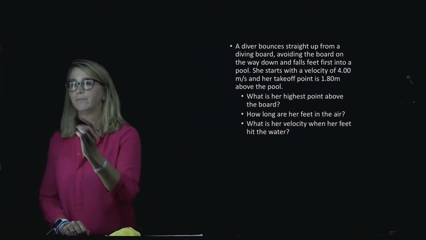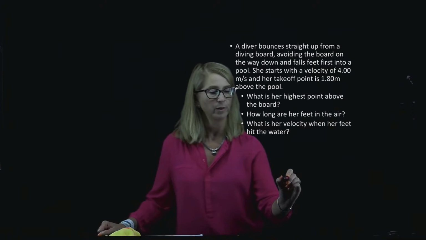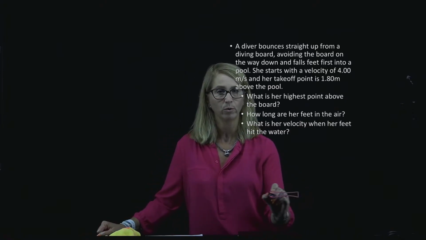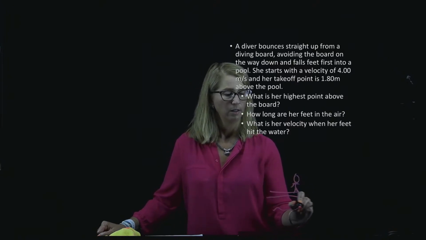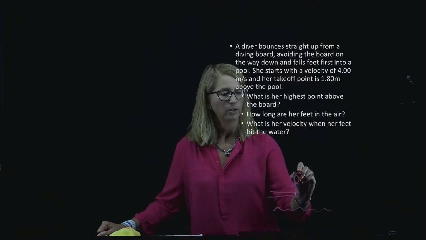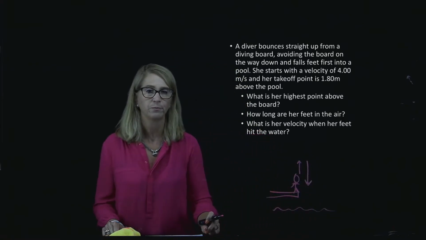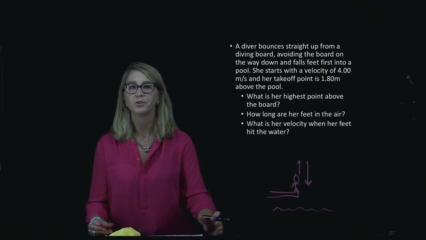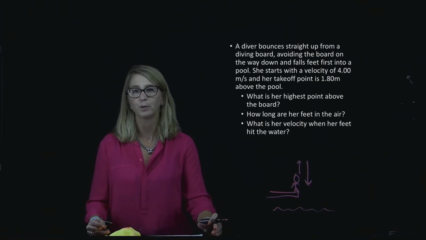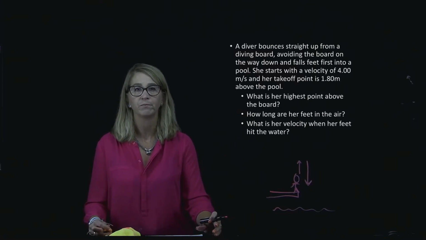So, it might be nice to sort of draw a little picture of it. So you might have, here's my diving board, here's my person, and they're going to jump up and then just clear the diving board on their way down. And because you're in the air, this is a problem of free fall. The fact that it's a person and not a ball doesn't change the fact that it's free fall.